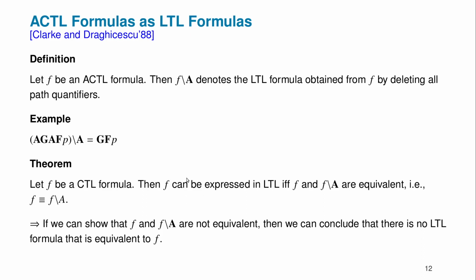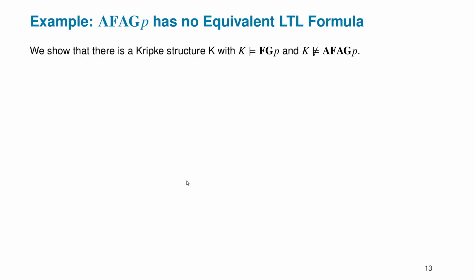Let's have now a look at an example. Let's consider the formula AFAGP, and the claim is now that this CTL formula does not have an equivalent LTL formula. This we do by showing that there is a Kripke structure K in which the formula without A holds, but the CTL version of the formula does not hold.